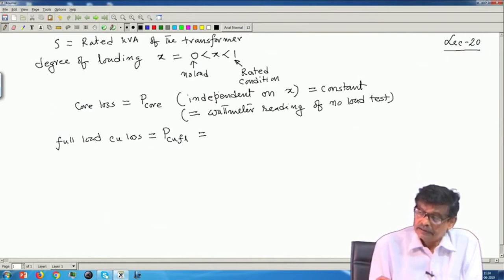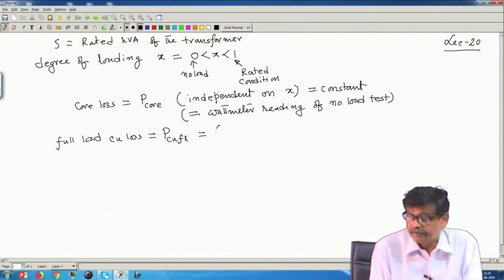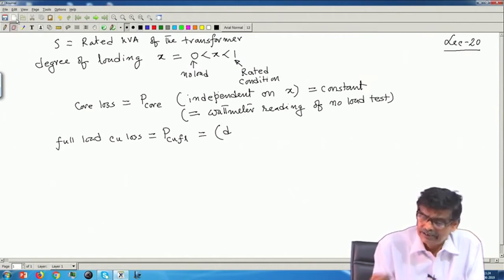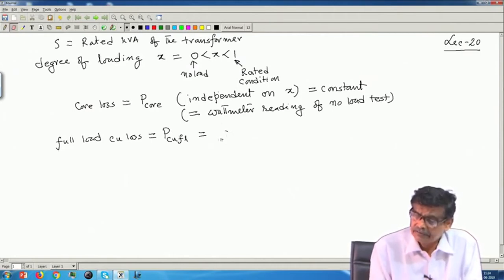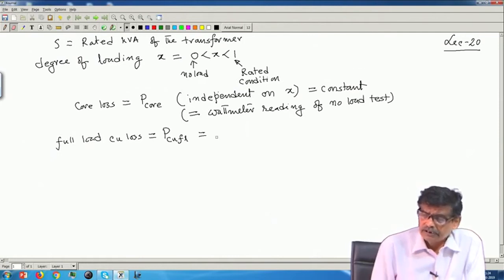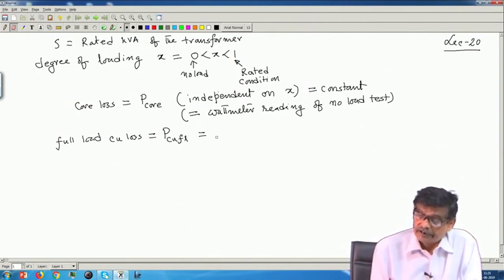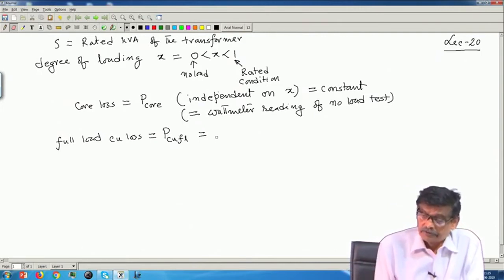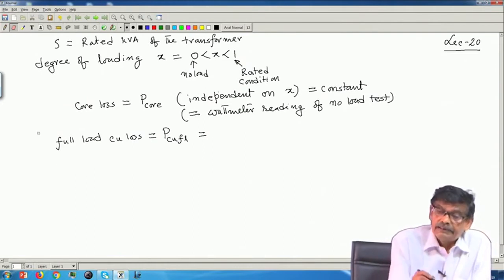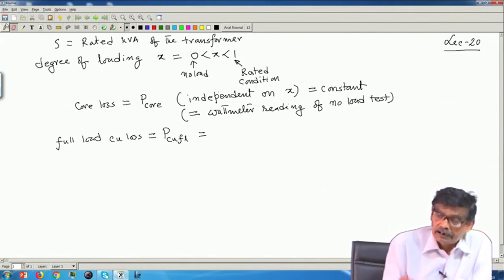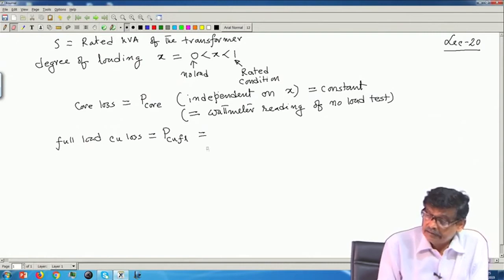Full load copper loss is a constant thing: when the coils are carrying full load current, what is the total copper loss?